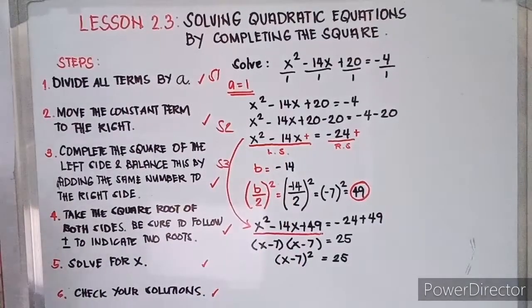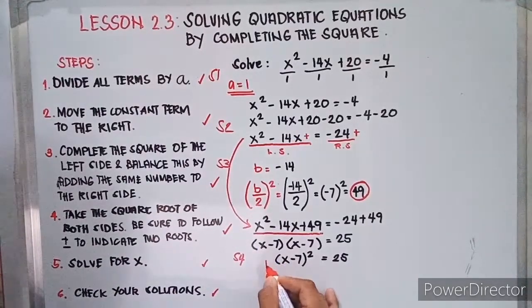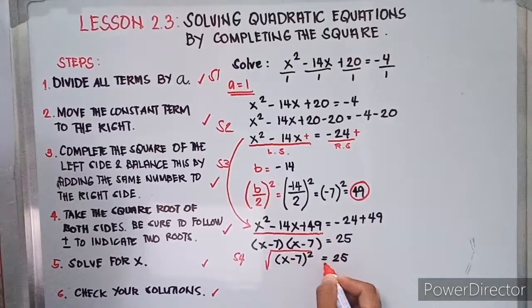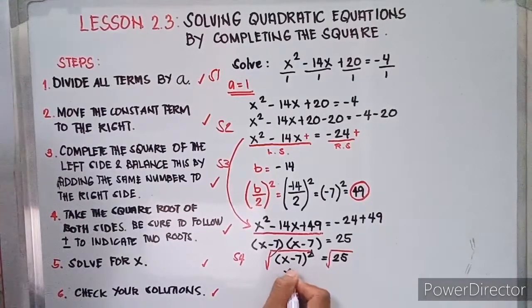For our step 4, we are going to take the square root of both sides, using the square root property. Since this is squared, we cancel the square root, and we will now have x minus 7 equals.